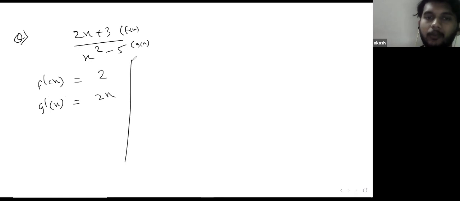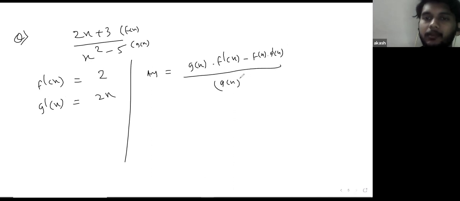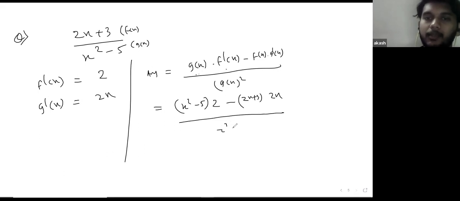Now putting that in the formula, answer will be g of x into f dash x minus f of x into g dash x divided by g of x whole square. So instead of g of x, we can write x square minus 5. F dash x is 2 minus f of x is 2x plus 3 into g dash x is 2x, whole divided by x square minus 5.